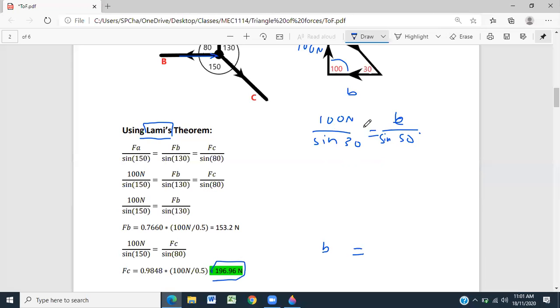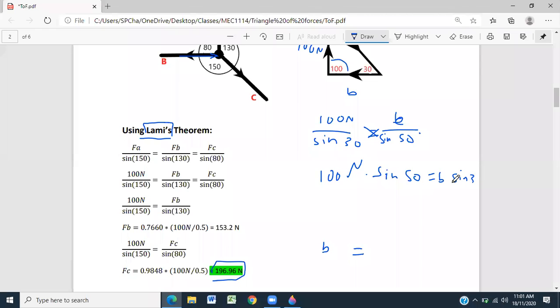So cross multiply. That is 100 newtons times sine 50, which is equal to B times sine 30.